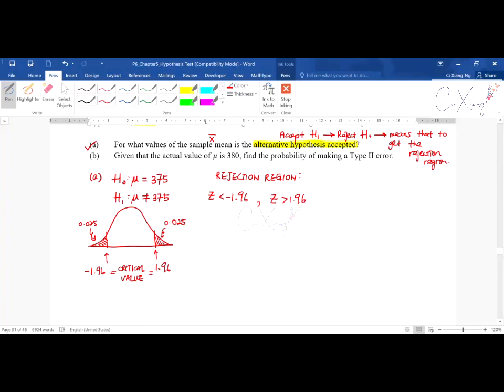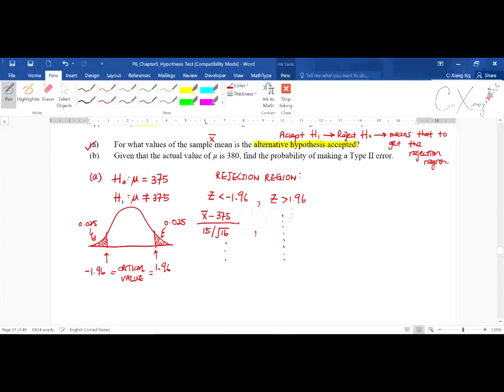What is the formula for your test statistic? X minus the population mean, divided by sigma over square root n. The same thing happens here, so complete it by yourself.